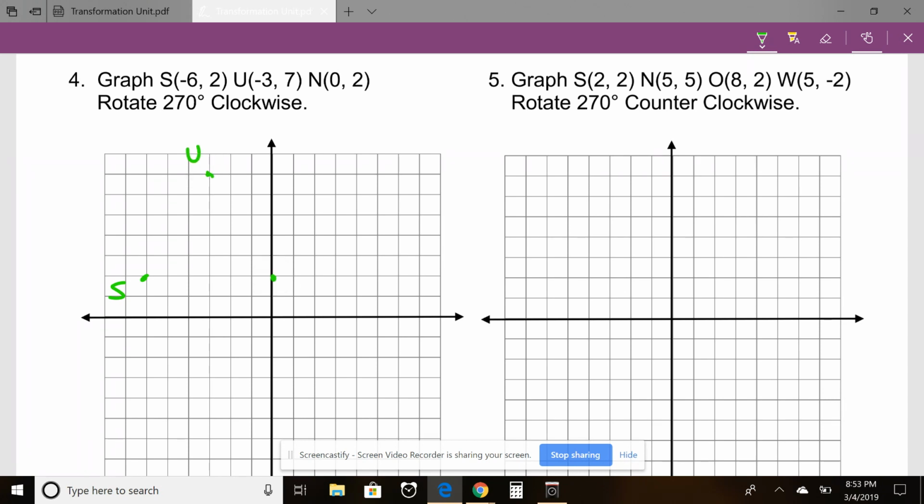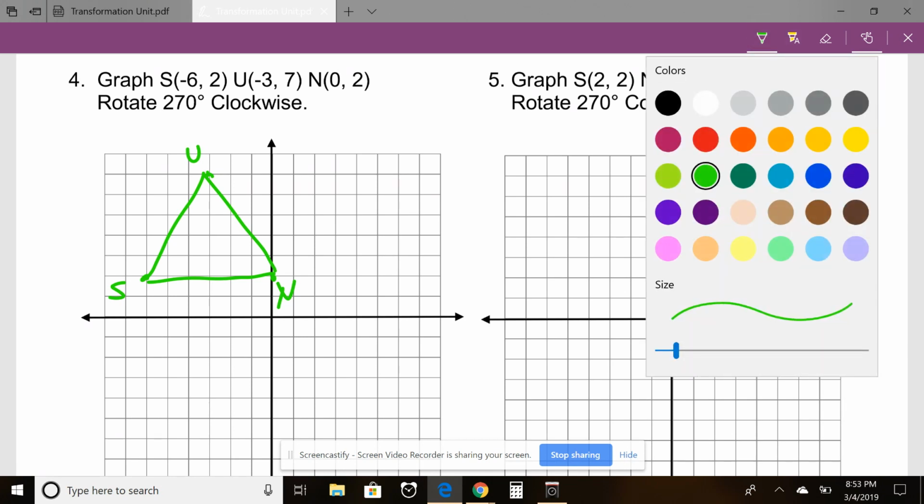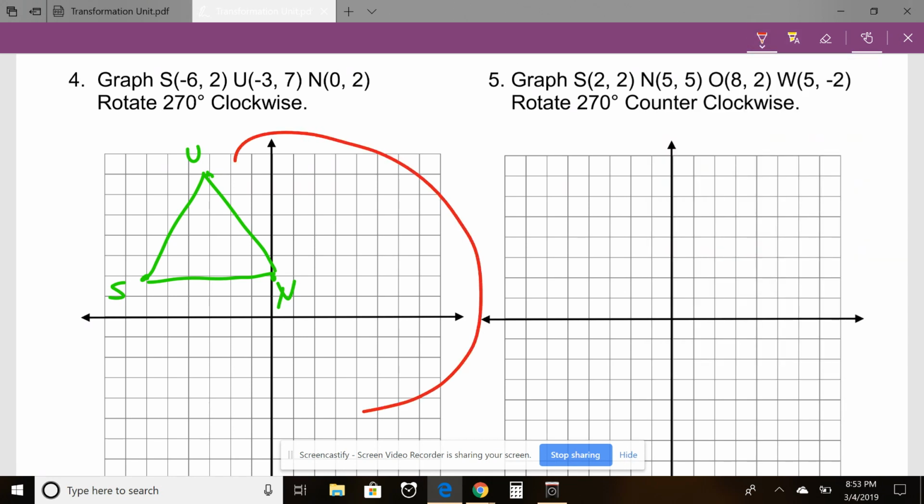N is (0, 2). There we go. So 270 degrees clockwise, meaning it's going to end up in the third quadrant. It's the same thing as 90 degrees counterclockwise.